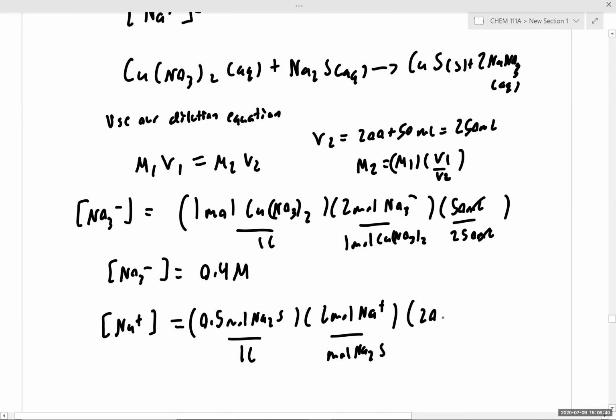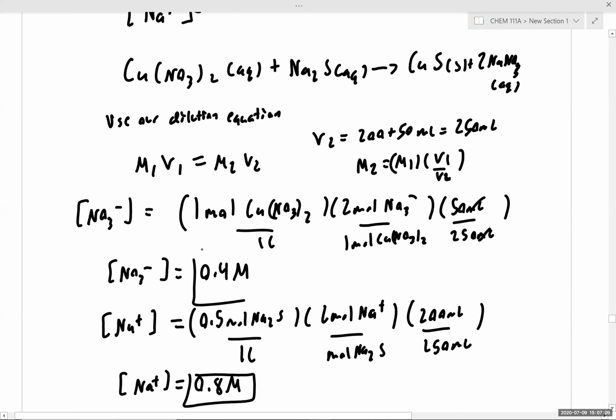And we know that we have 200 milliliters initially over our final volume of 250 milliliters. And that gives us our final concentration of sodium as 0.8 molar.